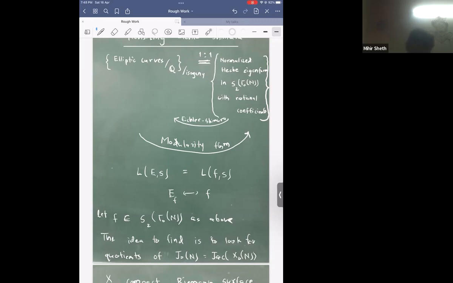Each cusp form in that eigenbasis will give rise to some quotient of the Jacobian, and not all of them will be elliptic curves, because to have an elliptic curve you need all the Fourier coefficients to be rational numbers. But one of them will be an elliptic curve, and that is the EF you consider.